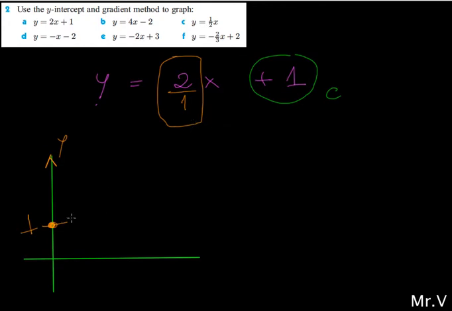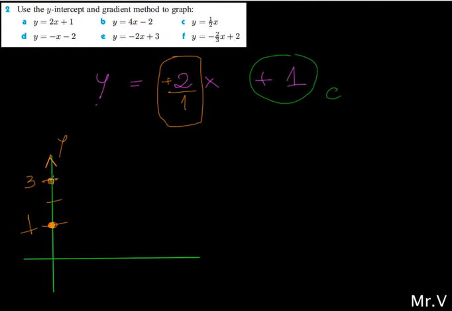So if I know one of my points and I remember the rise over run, this is my rise. Rise is 2. Is this positive? Yes, it's positive. So that means that from here I go 2 units up. So if I go 2, this is 3.